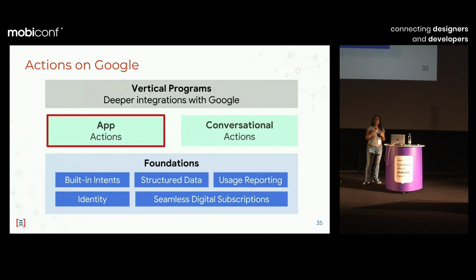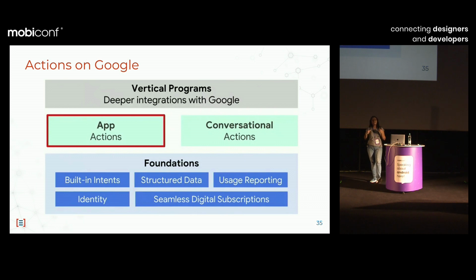Those are what we call today the conversational actions. If you want to develop an app for the Google Assistant, they're called conversational actions, because you use your voice, or even text, and try to express yourself in a natural way.